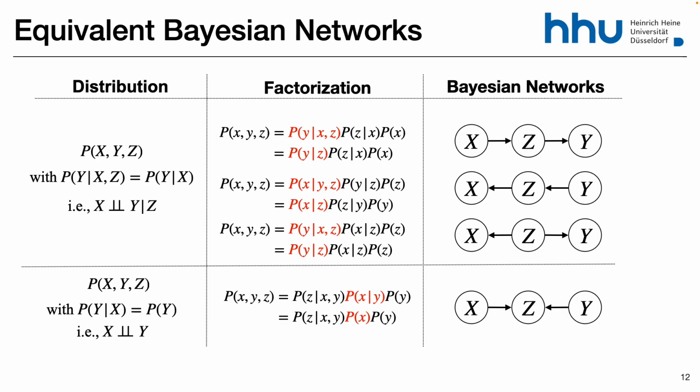Why is it so special? Why is this graph appearing all the time? This one with Z being a collider. I'm talking about colliders a lot here. Why? Maybe because the independence assumption in there is stronger than in the example before, because there we have only this conditional independence, and here we have an actual independence between the two variables X and Y. No. So in this case, I also have one independence.